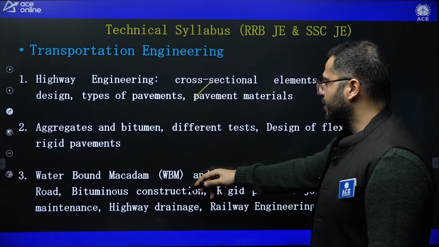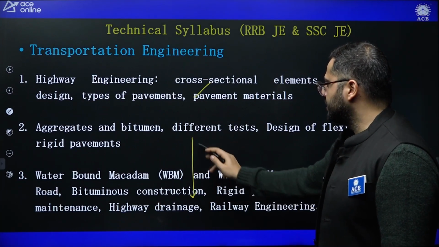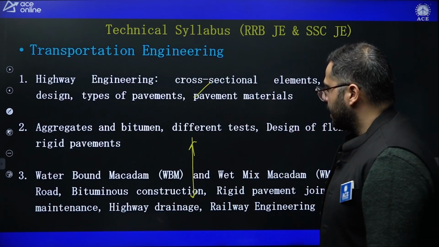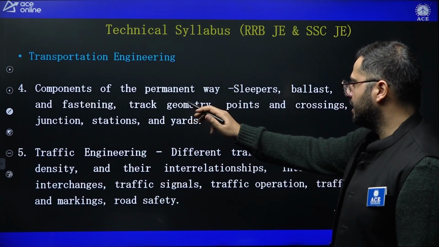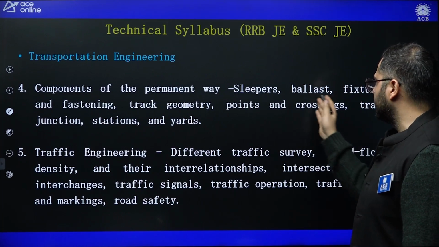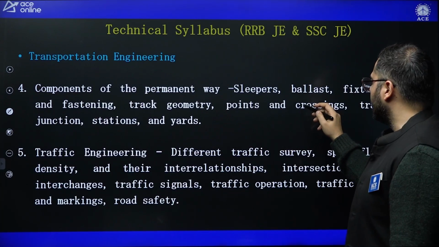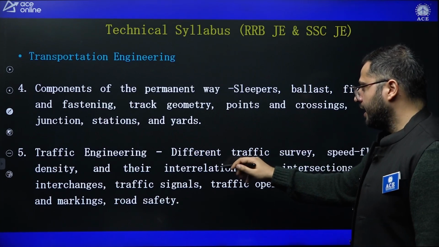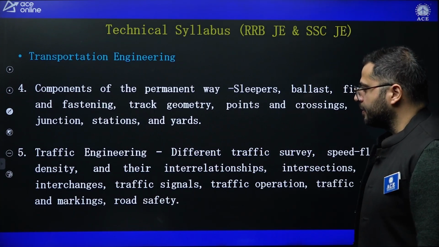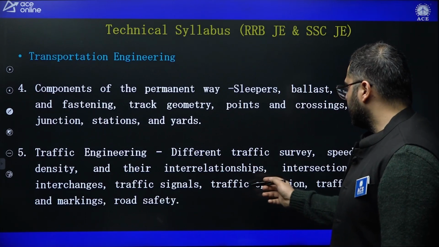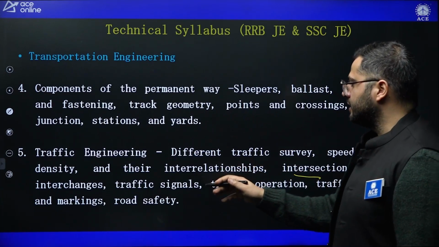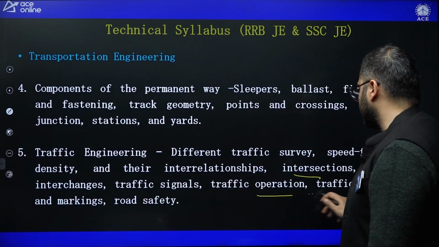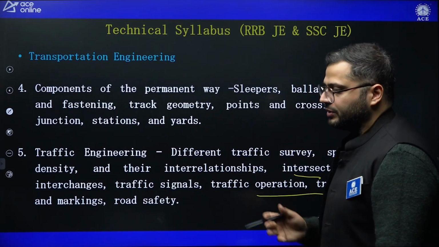So you can see highway engineering, these two topics are for pavement design. After that, components of permanent way, sleepers and everything, this is related to railway engineering. Traffic engineering: different types of traffic survey, speed, flow, density and their interrelationships, intersections, interchanges, traffic signals, traffic operations and traffic signs and markings and road safety.